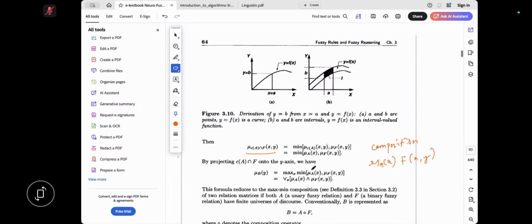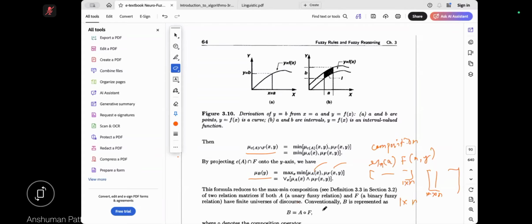These two data are there now. One is the A value, another is f of x. So we'll apply this. Mu A of x is nothing but a vector, and f is a matrix. So this vector will cross the matrix. We can write 1 cross m, and here m cross n. The answer will be 1 cross n, which will be mu B of y.